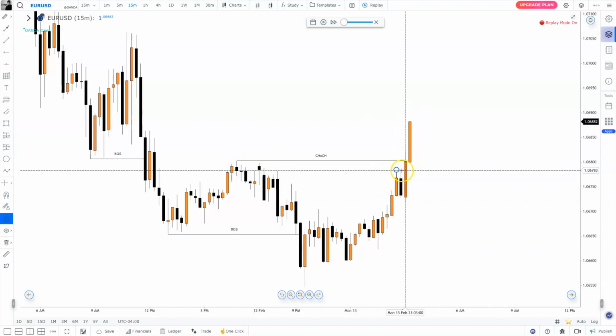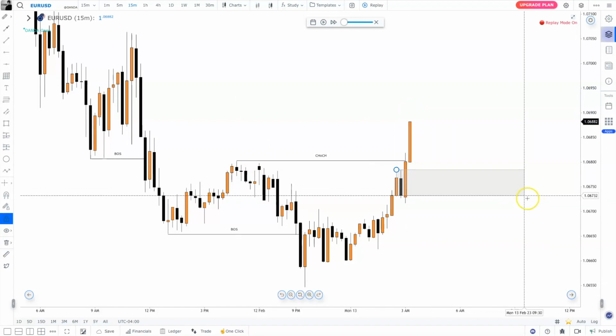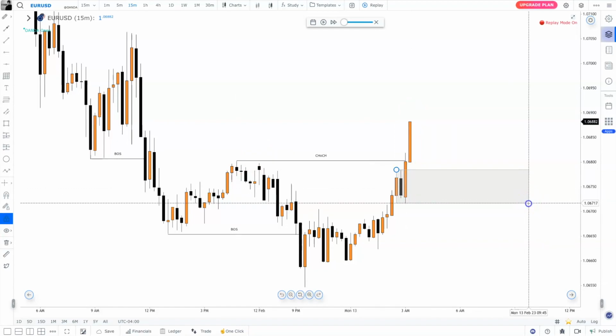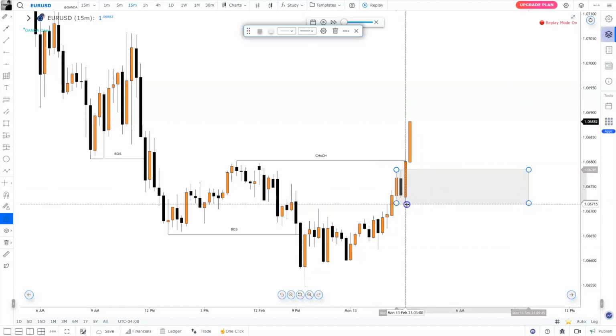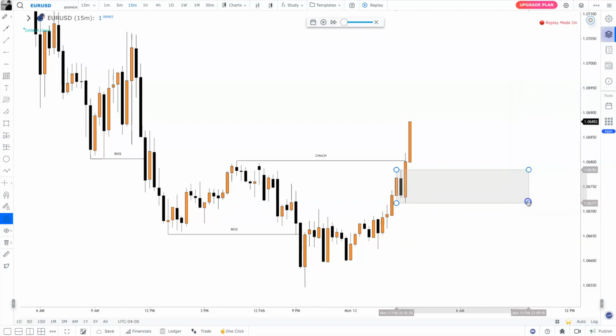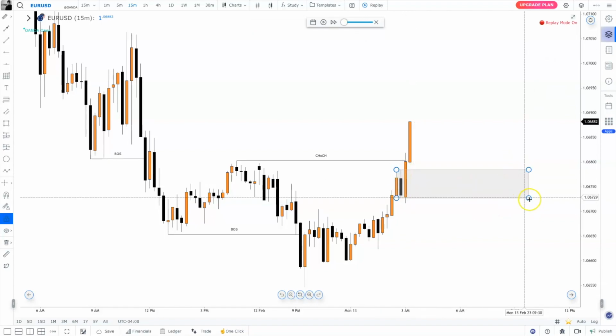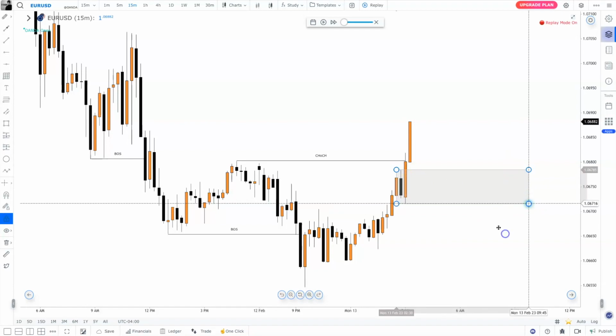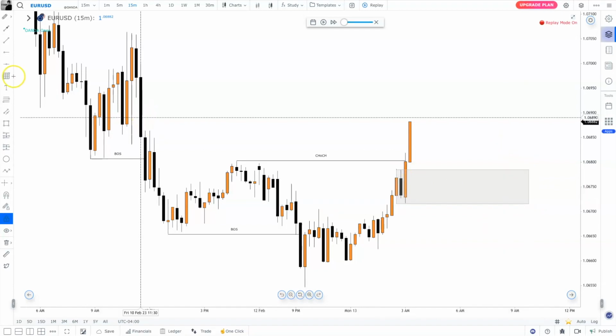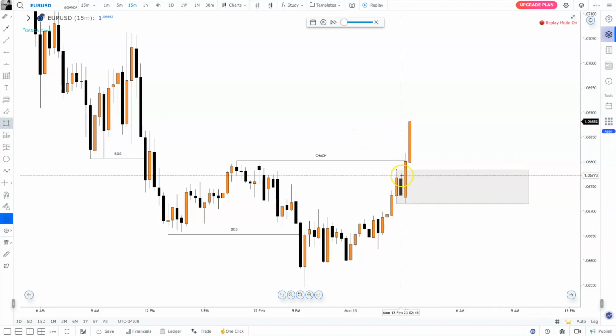I'm going to mark that zone up, all of it. I'm going to even include this little wick. It's up to you. Some traders just include the actual candle, just that candle. It's up to you, but I will do it just for the sake of this video. I'm just going to do it right there. That would be my POI, or decisional.